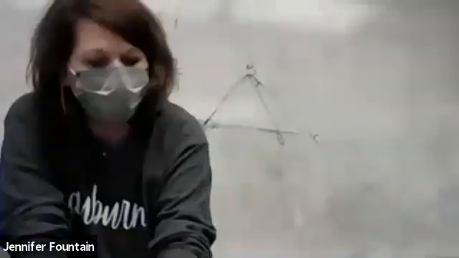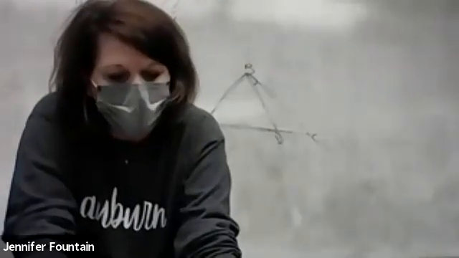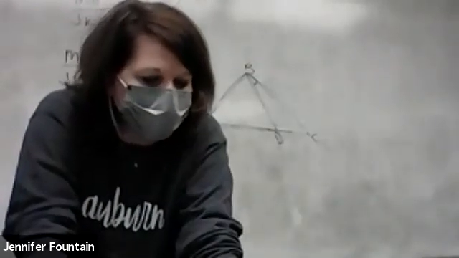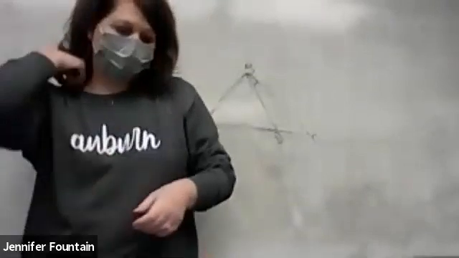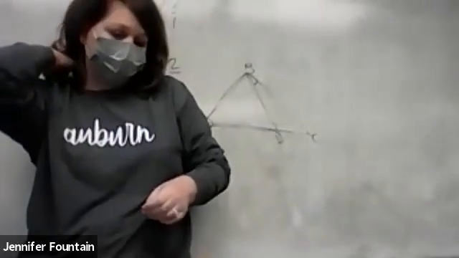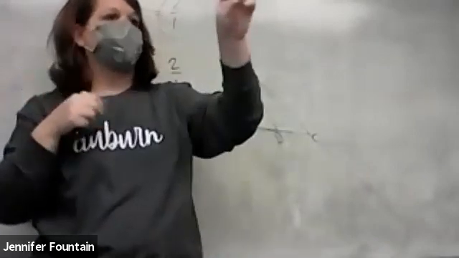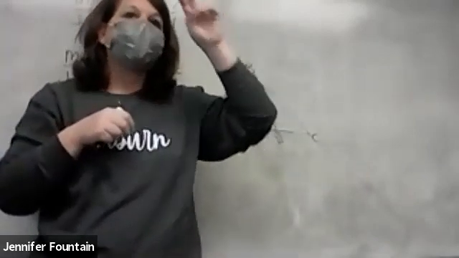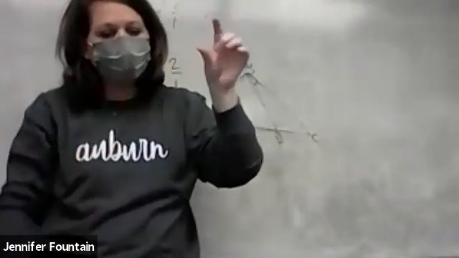Look at numbers 19, 21, 25. Okay, look at each of these. So we can see in 19, I've got two triangles that are similar. Look at 21, again, I've got two separate triangles that are similar, but look at number 23. Now they've put them together, but the main one I want you to look at is number 25. Basically in 25, I'm looking at two triangles in one, but I can use my same proportionality.